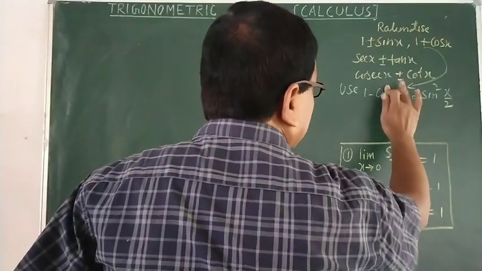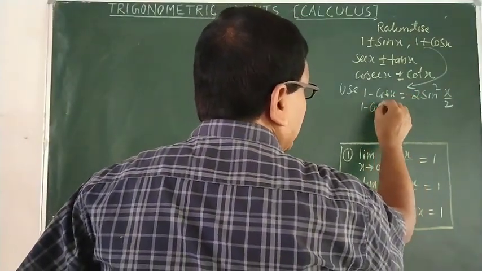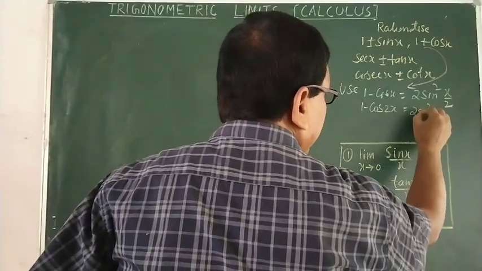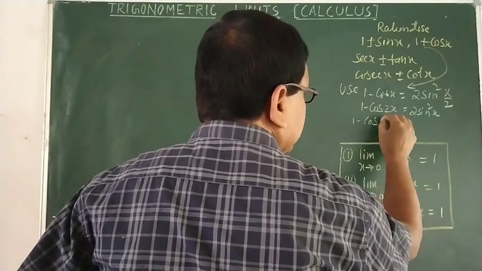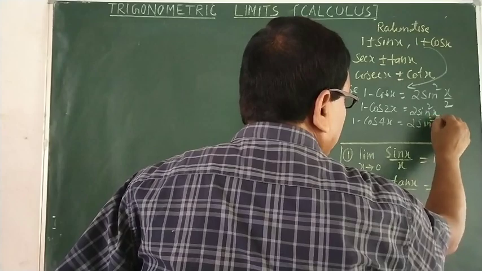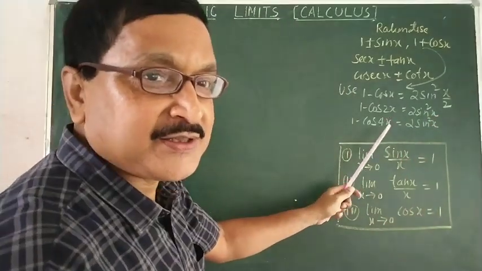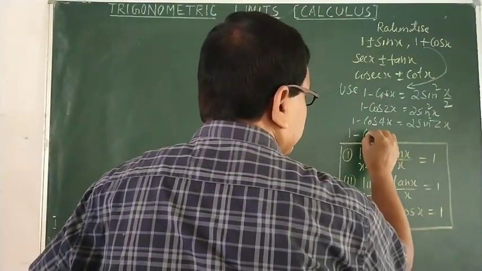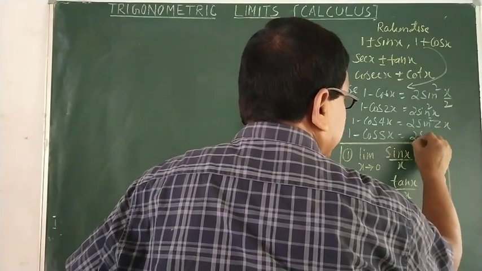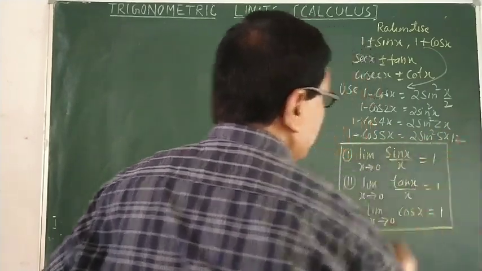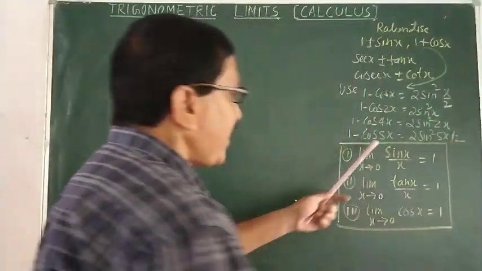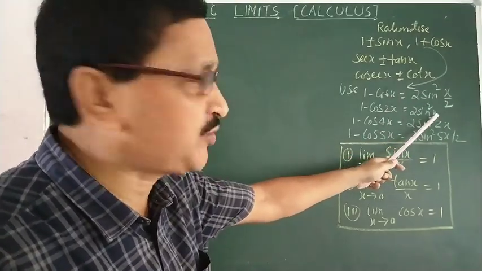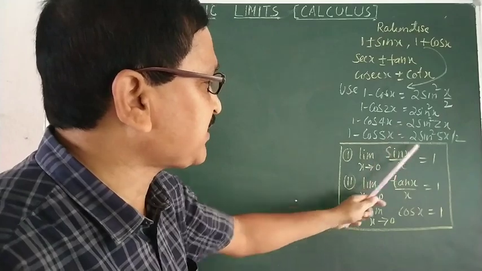Likewise 1 minus cos 2x is 2 sin square x, and 1 minus cos 4x is half of the angle, starting from 4x we get 2x. 1 minus cos 5x is 2 sin square 5x by 2. So whatever angle is on the right side with sin, it will be half: x becomes x by 2, 2x becomes x, 4x becomes 2x, 5x becomes 5x by 2.